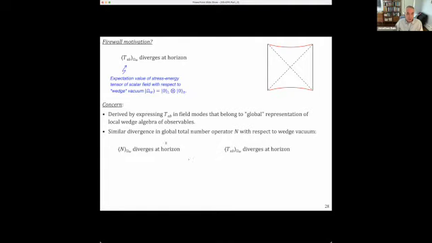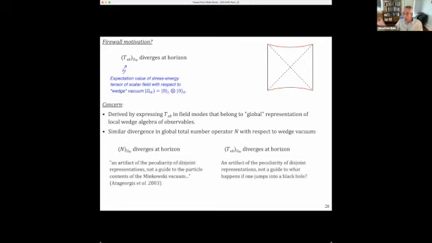You can show that the expectation value of the number operator associated with the global representation of your field, with respect to the wedge representation vacuum, diverges as you go near the event horizon, and in Minkowski spacetime as you approach the Killing horizon. And this is one way of deriving what in Minkowski spacetime is called the Unruh effect. Colloquially, it's the claim that the Minkowski vacuum consists of a sea of Rindler particles.